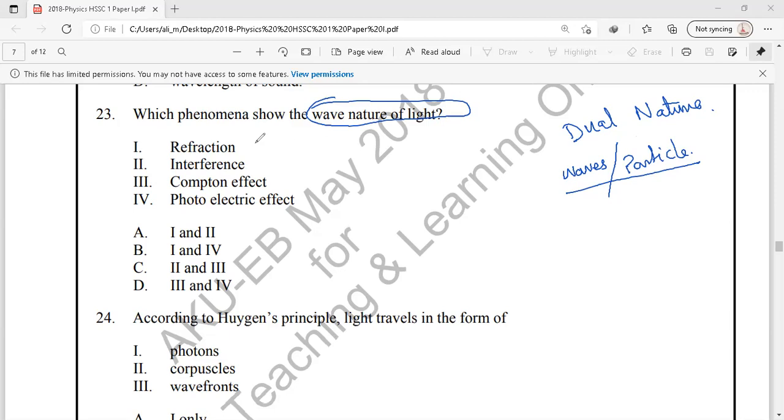So these are the phenomena in which light behaves as a wave, while the Compton effect, the photoelectric effect, the pair annihilation, and other phenomena are ones in which light behaves as a particle. So we have to identify the phenomena in which light behaves as a wave. So the correct answers are 1 and 2. So we have option A as the correct answer for question number 23.